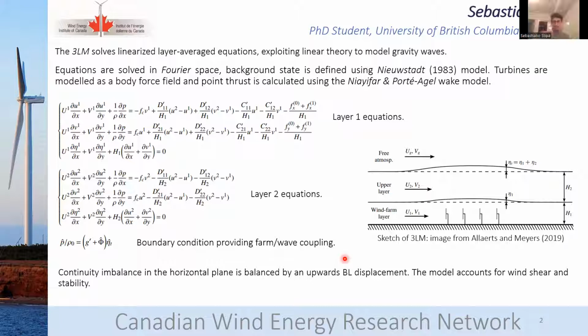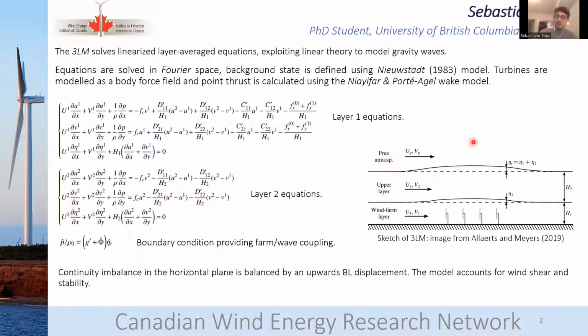Yeah, so this is a good question. Basically, layer 1 is the wind farm layer, and layer 2 is the upper layer, so the 2 layers inside the boundary layer. We solve this set of equations: the first system is for layer 1 and the second system is for layer 2.